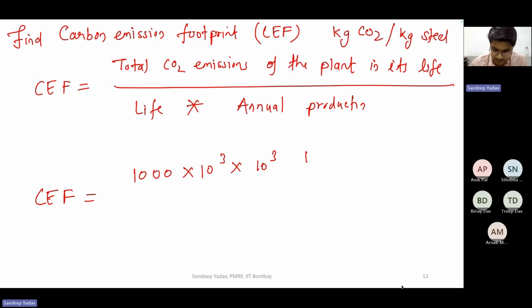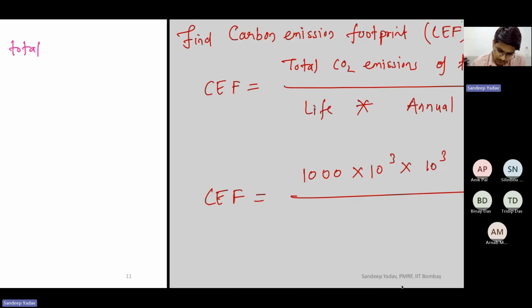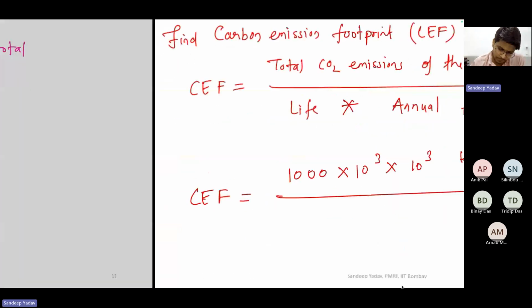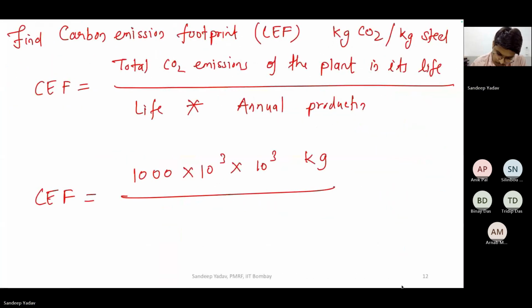This thing we finally converted into kgs. Now life is given as 40 years and our production is 15,000 tons, which we convert to kg per year.